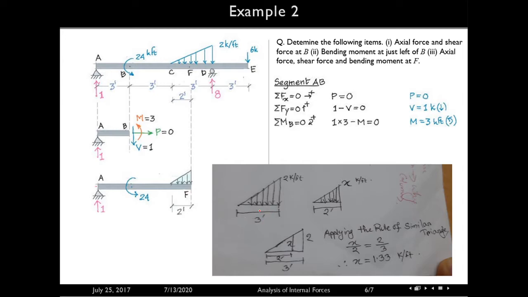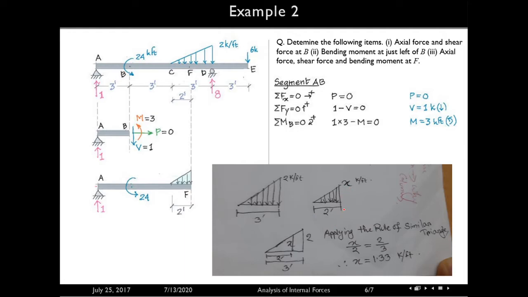When the base was 3 feet, the maximum load was 2 kip per feet. But as we have taken the section at F, the base was decreased to 2 feet, so the 2 kip per feet will change. We are considering it as X kip per feet. Now we need to calculate the value of X.